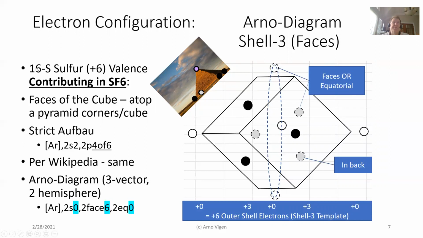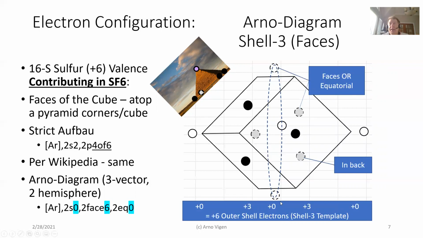So for sulfur, it works out better for it to be a little pyramid. So you have the 4 corners, that's in the back, as the base, and 1 electron sits at the top of that pyramid. And so I call this the faces of the cube positions. Again, the rules apply.